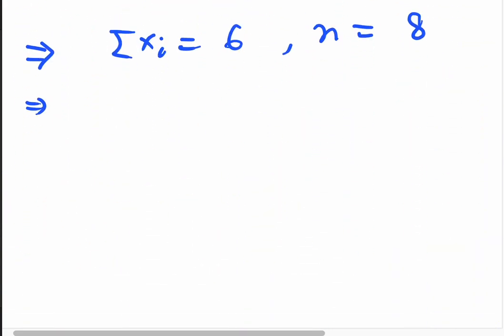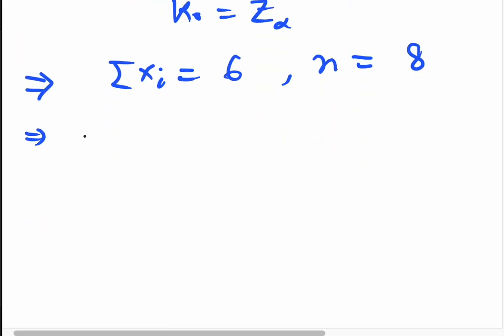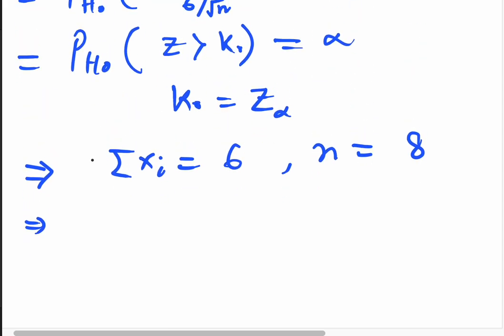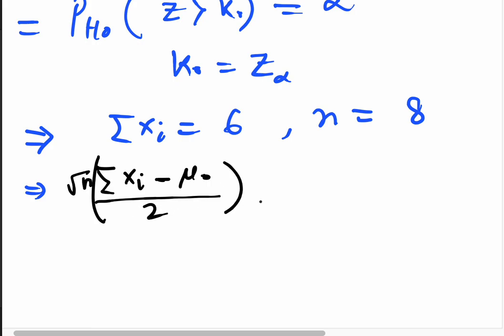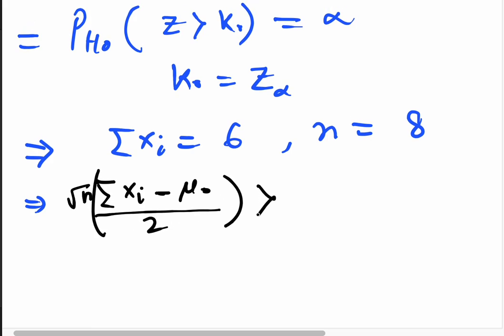So let's put all things together. That will be when summation of xi minus mu 0 by sigma is 2 root n by 2 is greater than z alpha.